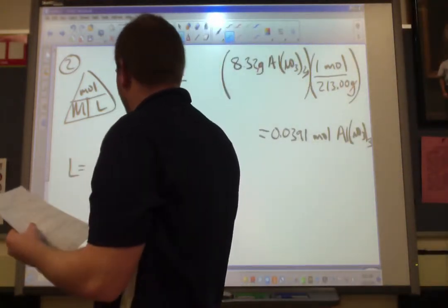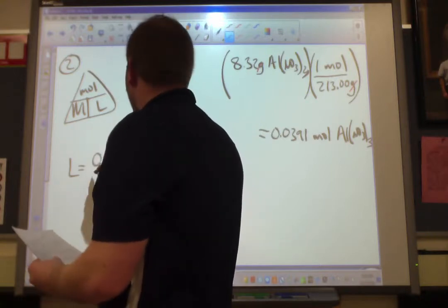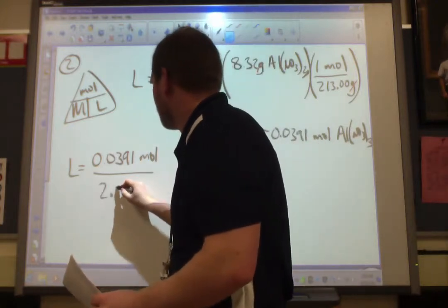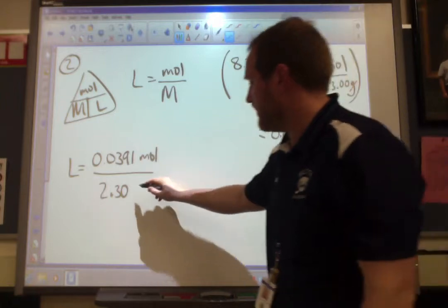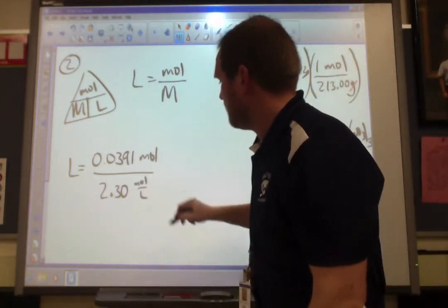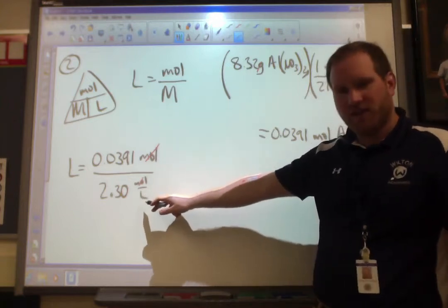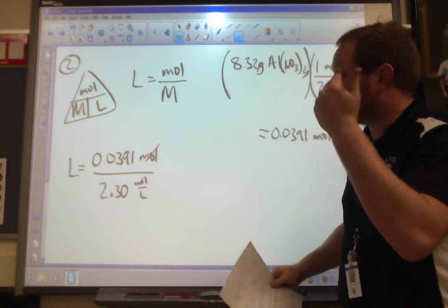Liters equals moles, which is 0.0391 moles, divided by my molarity, which is 2.30. And for molarity, I want to keep my units consistent here. Let's put moles per liter. So if you look at what cancels, mole cancels moles. Liter is like my double denominator down here. It's my inverse of my inverse.